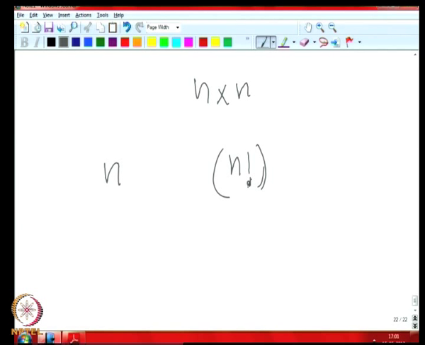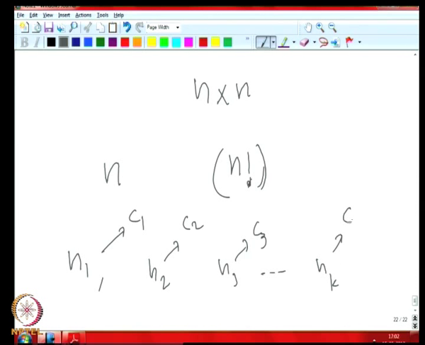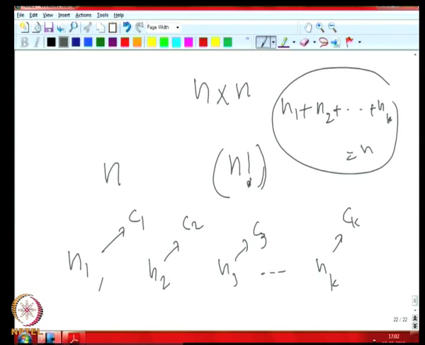Now, there are n1 rooks of color C1, n2 rooks of color C2, n3 rooks of color C3, and nk rooks of color Ck, such that these repetition numbers add up to n. Of course, there are n rooks, so they should add up to n.